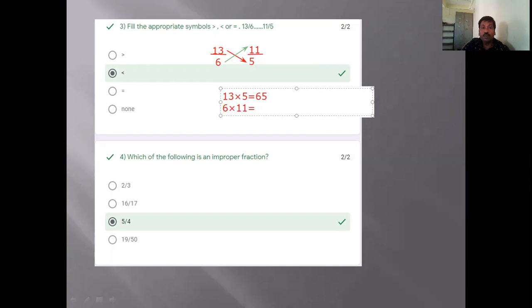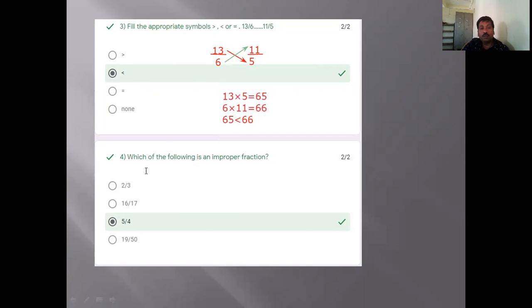Here we see when we multiply 13 by 5, we get 65, and 6 by 11, we get 66. The first product, 65, is less than the product of the second. So that means 13 by 6 is less than 11 by 5. The answer will be this.